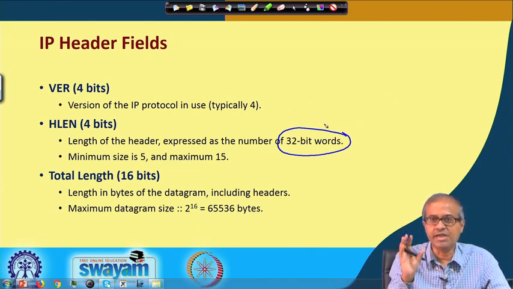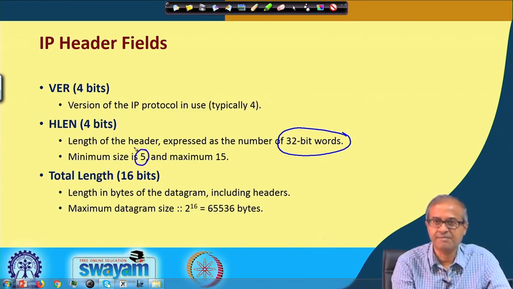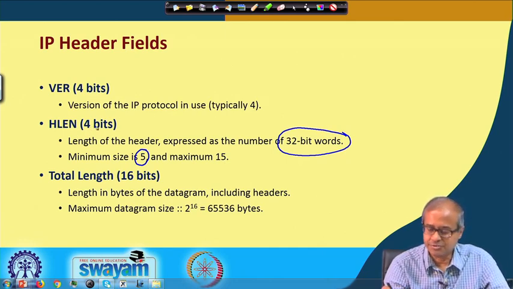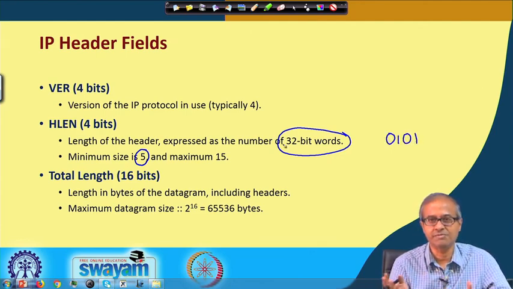So, if it is only 20 bytes of header, this will contain 5, but it can go up to a maximum of 15 because it is 4 bits. In 4 bits you can have 0 to 15. So, the default is 0101, which means 5 into 32, which means 160 bits.